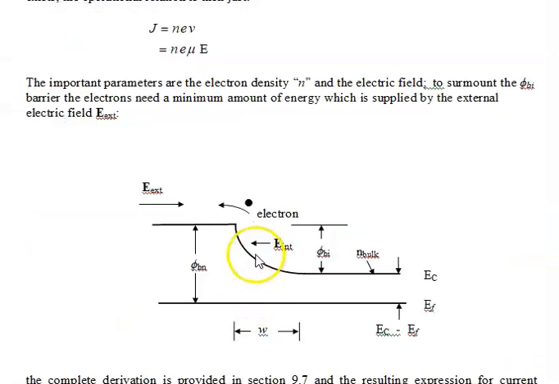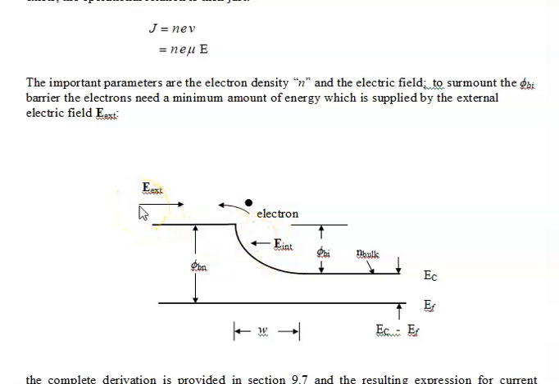And if we look at this picture here, we see that there are actually two fields. There's an internal electric field, and this is in N-type because we know that bands bend up. So we have positive ions in the depletion region and a negative surface charge density at the metal surface. So the electric field points from right to left. It is negative.